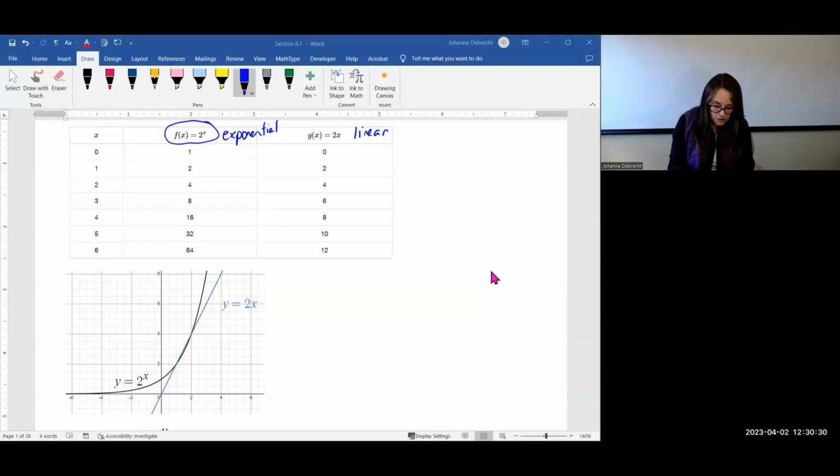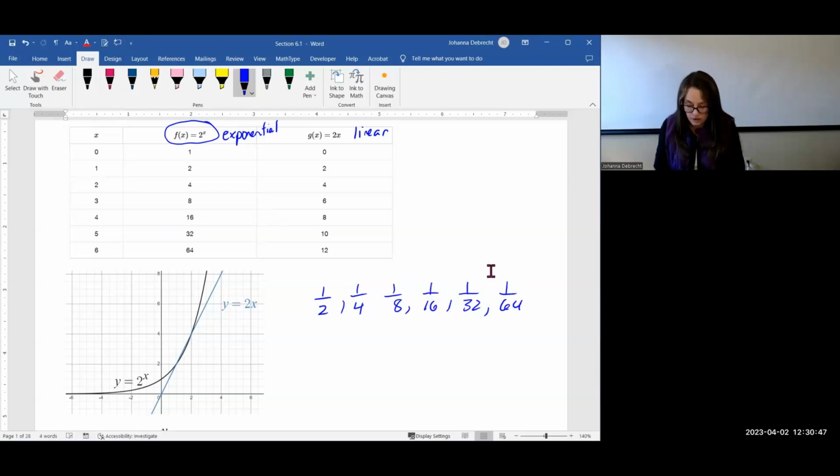Well, the values that are coming over here are numbers like half, and then we take half of the half and we get a fourth, and then 1/8, and then 1/16, and then 1 over 32, 1 over 64. We're basically getting the reciprocal of these right here. And so it gets lower and lower, but because the numerator is always 1, it never actually goes to 0.